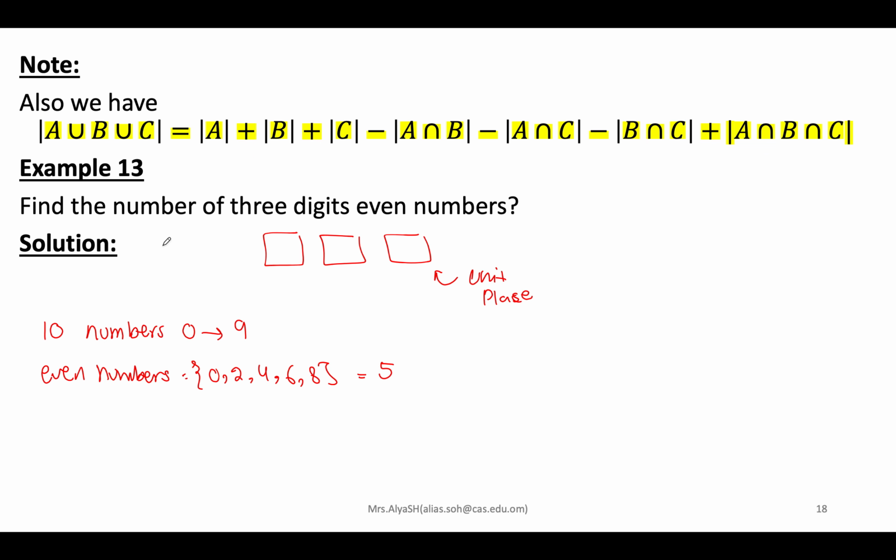Usually when I have a question with a condition, we start with the condition. So here 5 numbers can be in the unit place, so the number will be even.